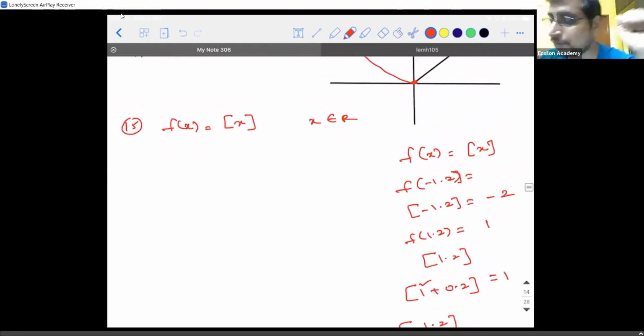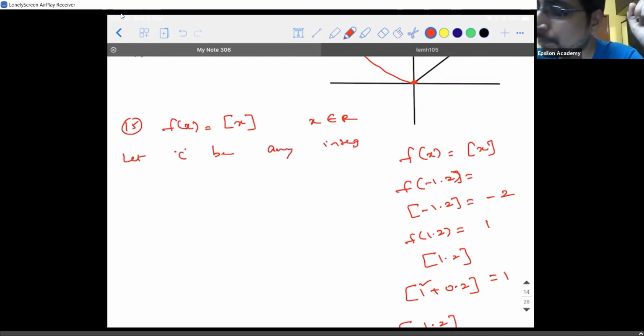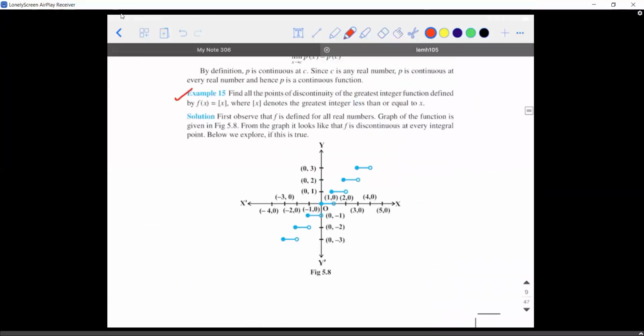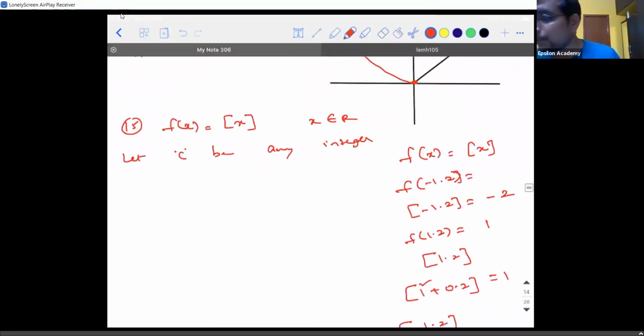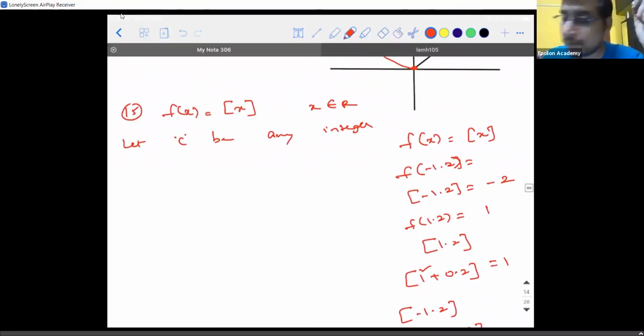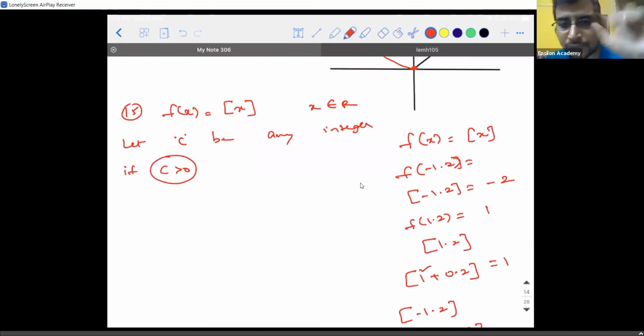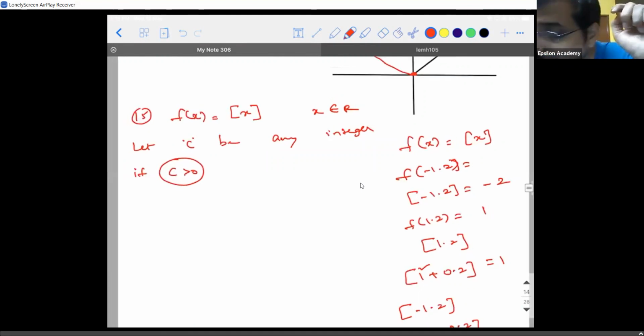Having this in mind, let C be any integer. Did they ask us to discuss the continuity or to check at integral points? Find all the points of discontinuity of the greatest integer function. So let C be any integer, if C is greater than 0, then what will I find?